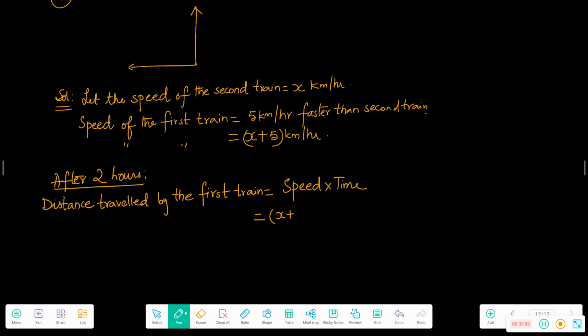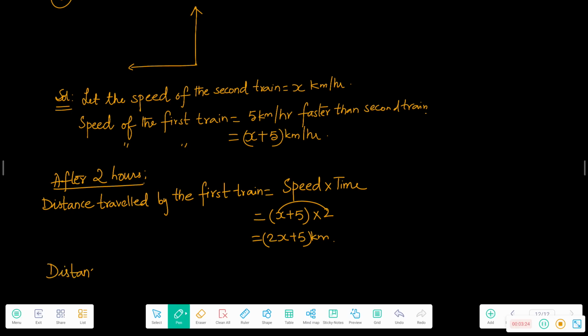Now the speed of the first train is x plus 5, time is 2 hours. So we can write 2 times x plus 5, which is 2x plus 10. So the distance traveled by the first train is 2 times x plus 5 kilometers.